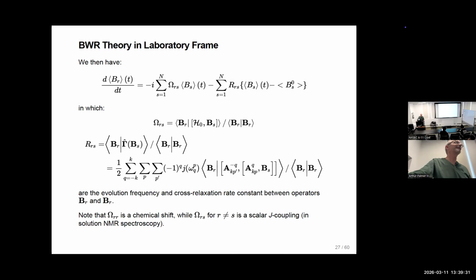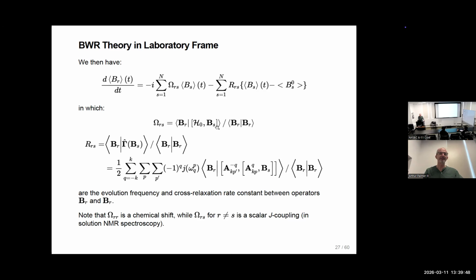And that's what we think of as the NOE, the nuclear Overhauser effect. So everything is here. If the indices are the same, it's auto relaxation. If the indices are different, it's cross relaxation between different coherences.